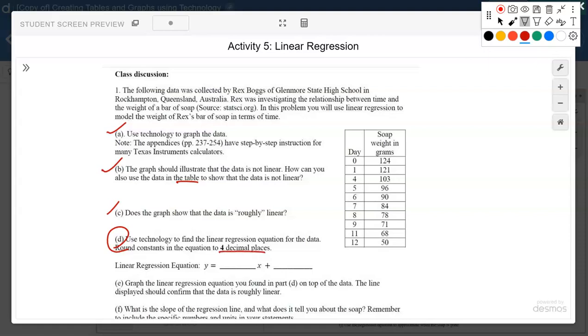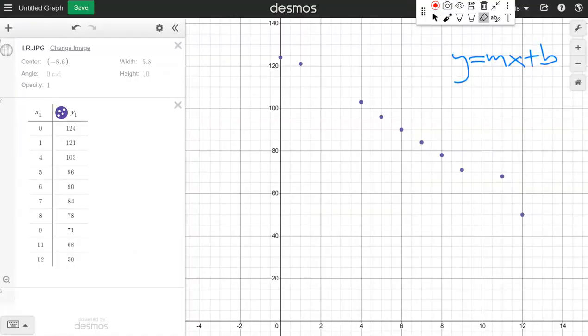So the linear regression equation is in the form of this. Remember, y equals mx plus b. M is the slope, b is the y-intercept. So we need to get m and b. So how do we use that with our Desmos?